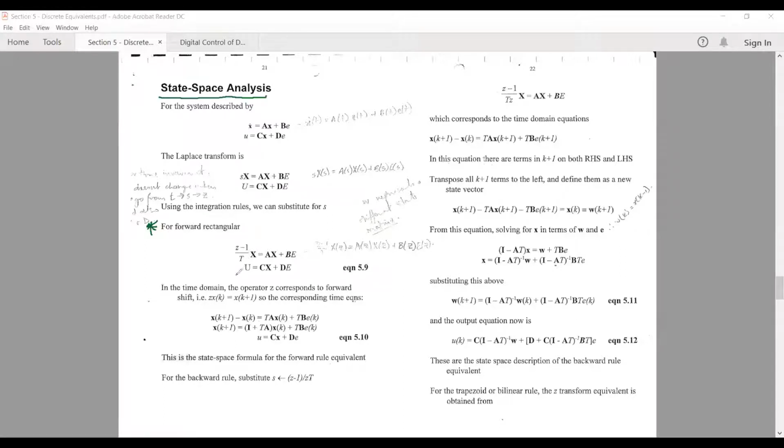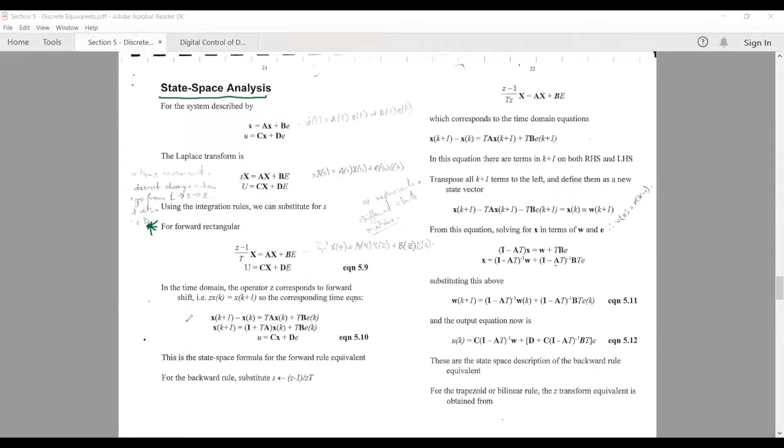So this will be zX minus X is equal to T times AX plus T times BE. So zX will basically become small x of k plus 1, because z times x of k will be x of k plus 1.